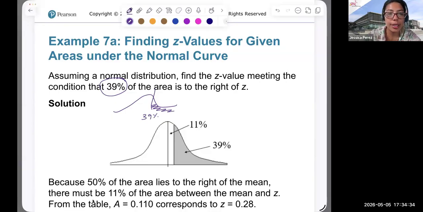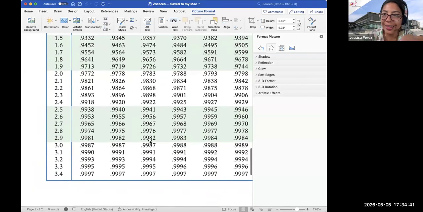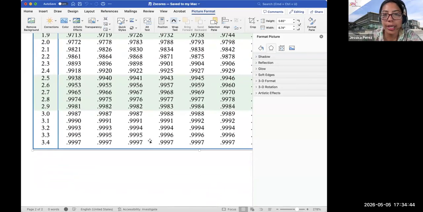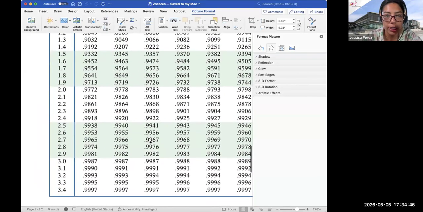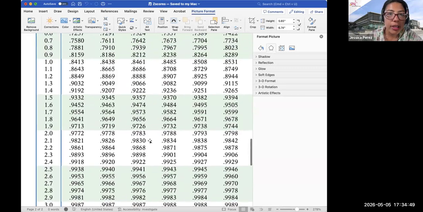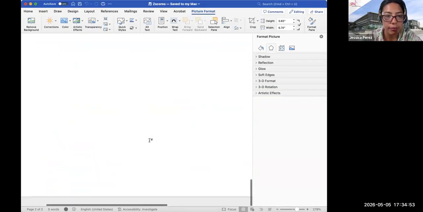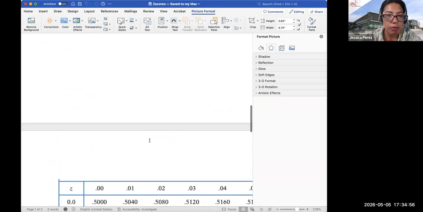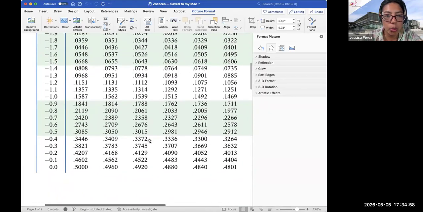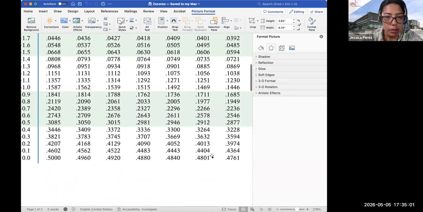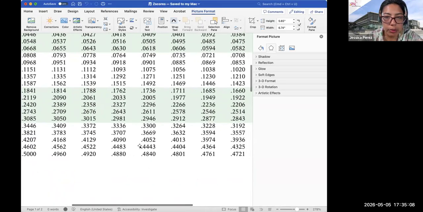So now we're going to look inside the table for 39, or 0.39. I'm going to go to my table and see that inside the table, there are different values like 0.994. We're looking for 0.39. What value gives us 0.39 or approximately? So it's going to be something negative. We see some values that approximate at 0.36, 0.4, 0.39.